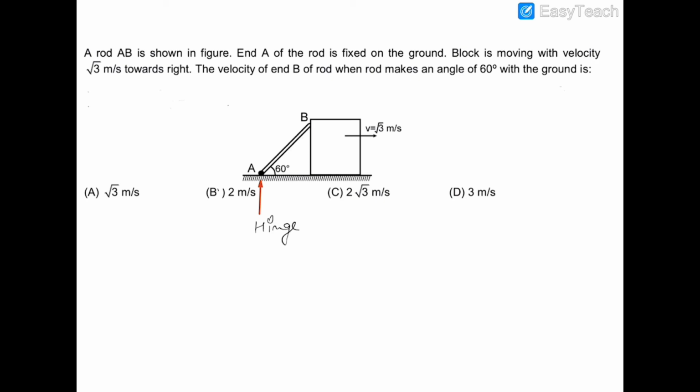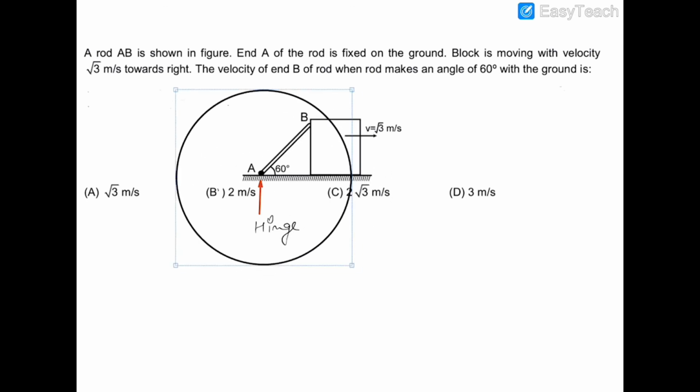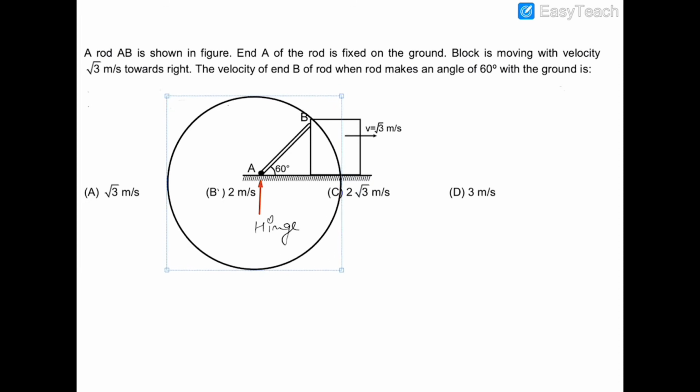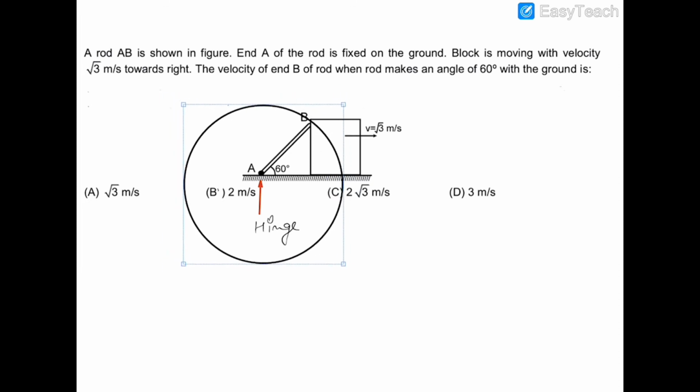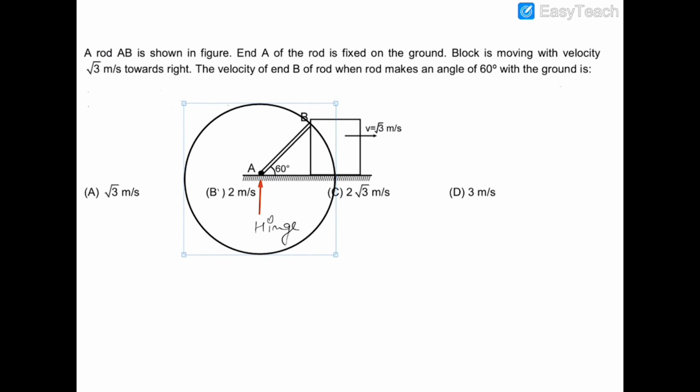we have to find out the velocity of this end of the rod. Now to start this problem, we have to identify the fact that this rod will be moving in a circle whose center will be the hinge point. So this will be the circle and its center will be the hinge point.